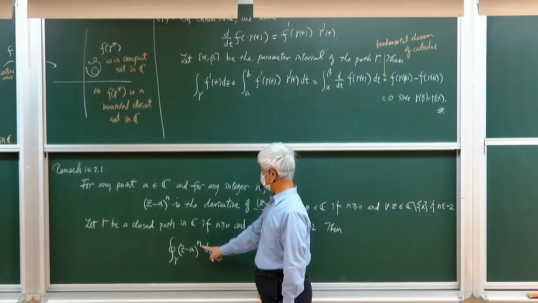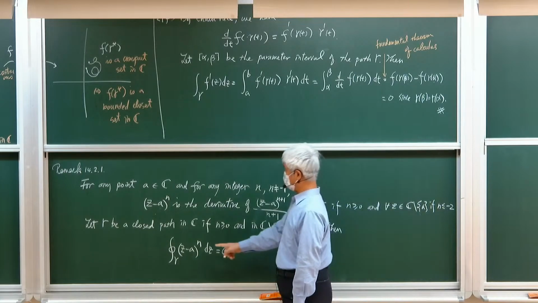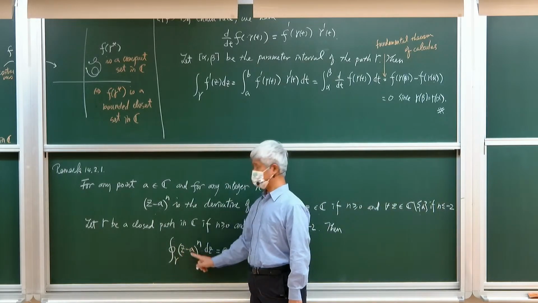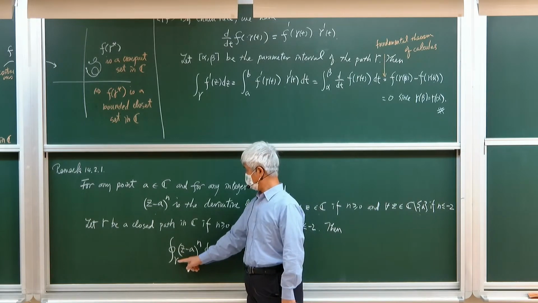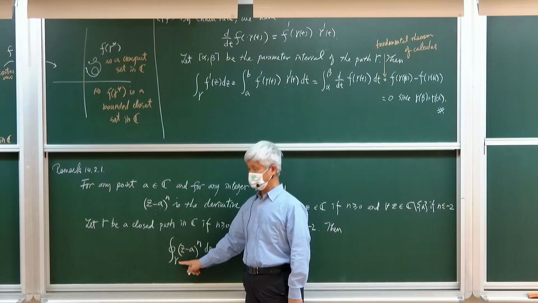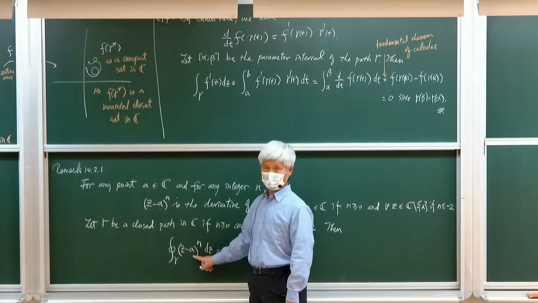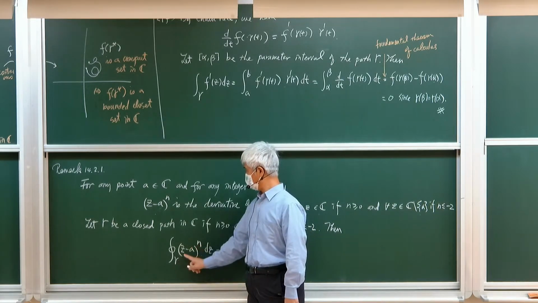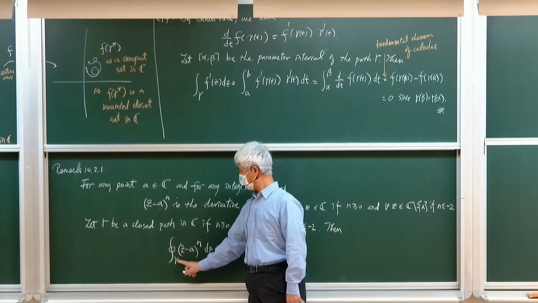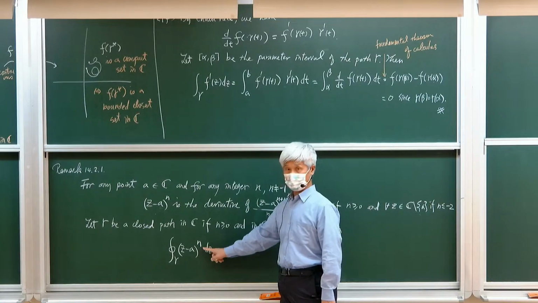But if n is less than or equal to -2, then this line integral is 0 for any closed path which will not go through the point a. So a cannot be in the image of this path if n is less than or equal to -2.